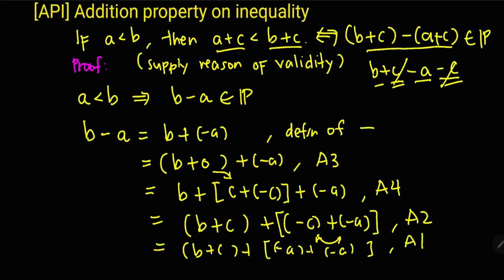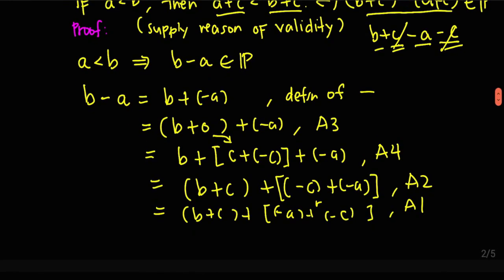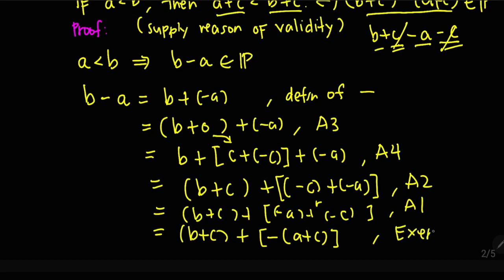Now, finally, I can factor out the additive inverse, and this is also equivalent to copying B plus C and then plus the negative of A plus C. So you can factor out the negative symbol, or the negative symbol can be distributed over addition. So that's an exercise.